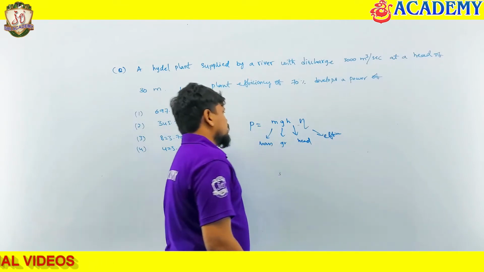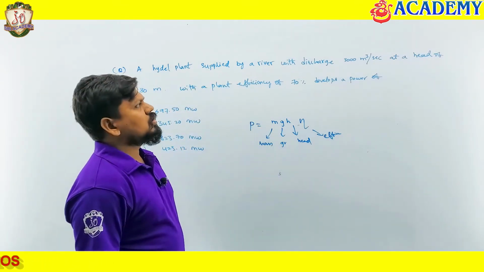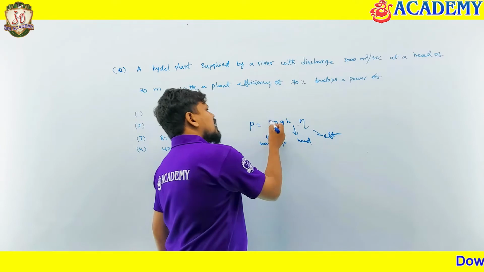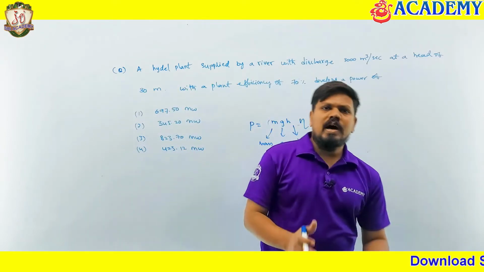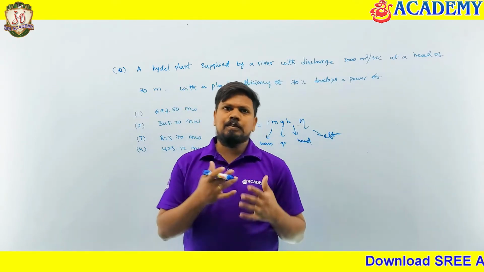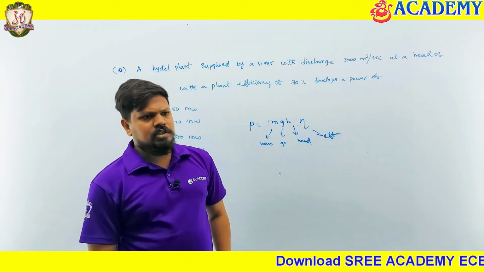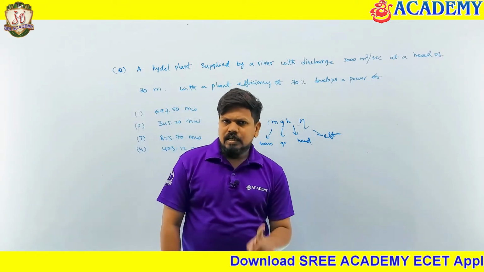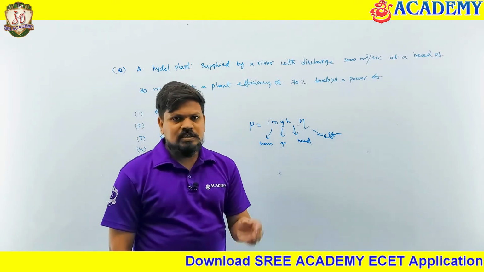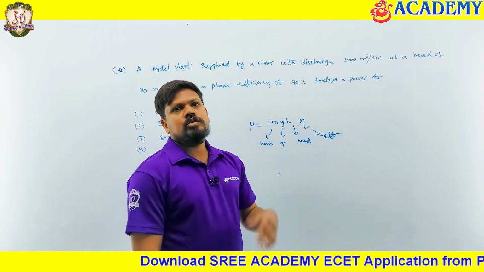Anyway, this is the normal formula, but you see one thing, we are not giving the water in terms of mass. Even though it has some mass, we will take it in terms of discharge. Discharge means per 1 second how much water is going through, in meter cube.